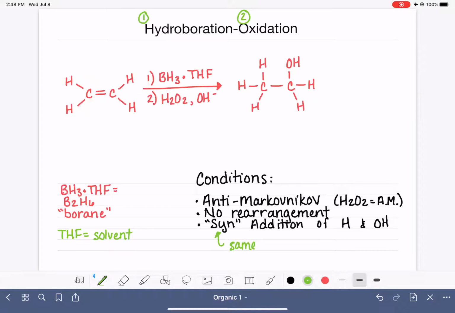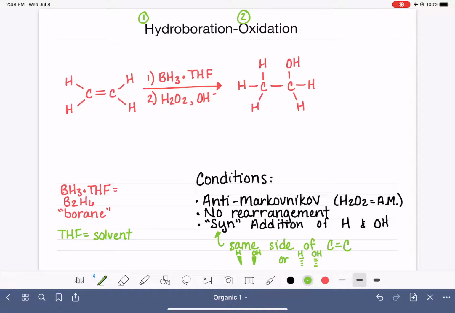It's kind of like cis, same side of the double bond. Ultimately, it means that they will both have the same stereochemistry in the product of the reaction. So for example, the hydrogen and the OH will both be on wedges, or they will both be on dashes.